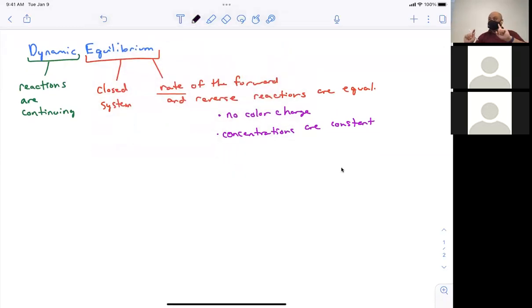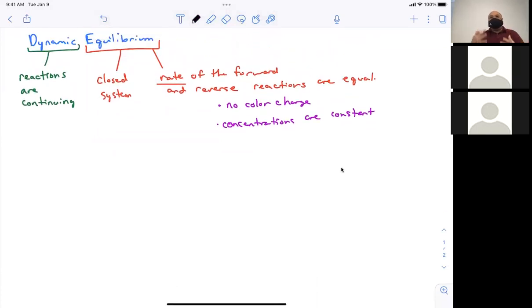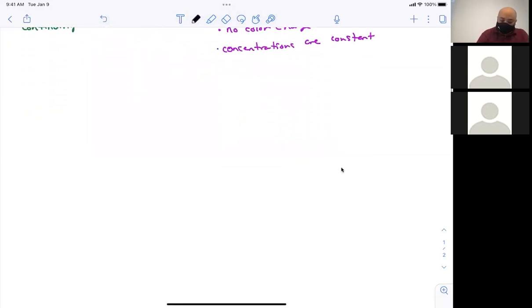Questions so far? Okay. Now, this kind of goes into a little bit from topic 6 and 16, which has to do with rate of reaction, because in 6, you talk about graphing concentrations over time, and this is where you get this graph that represents equilibrium.